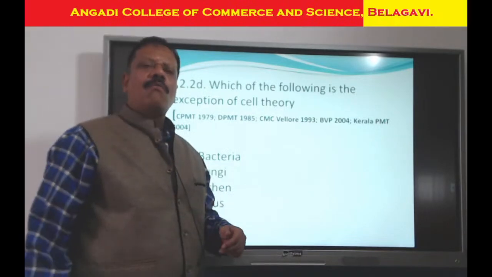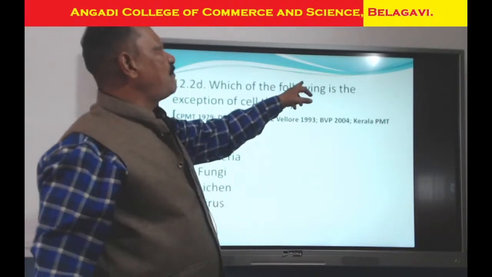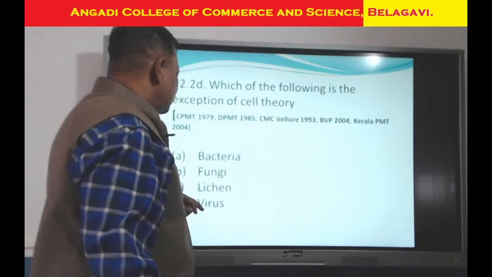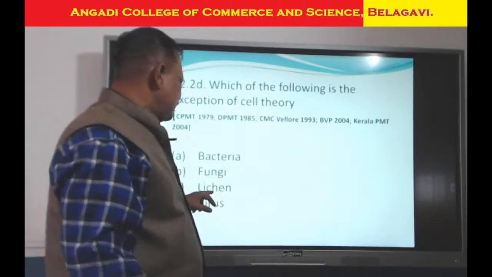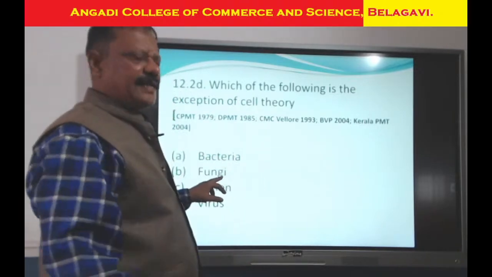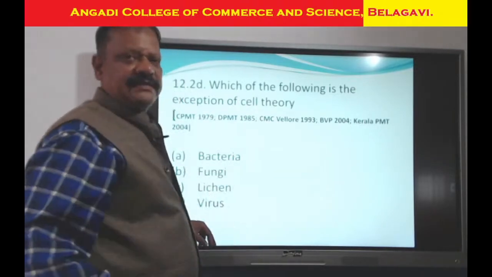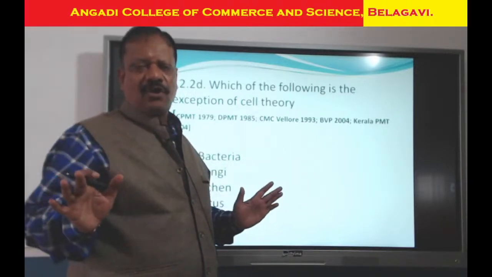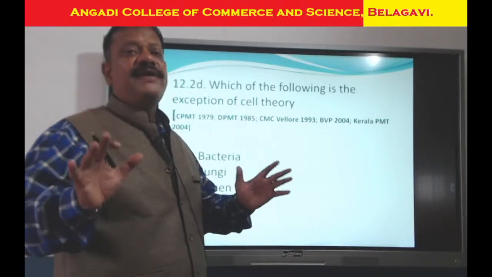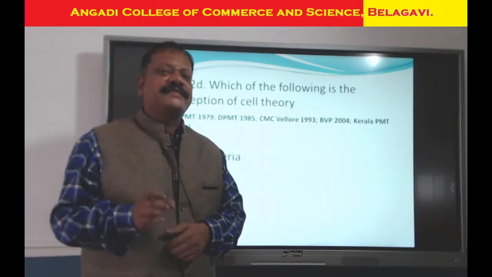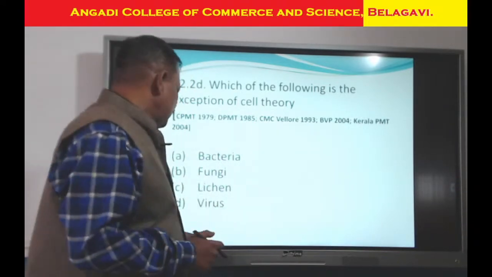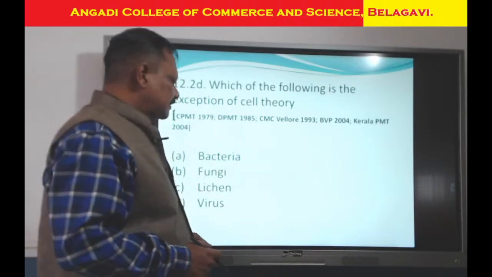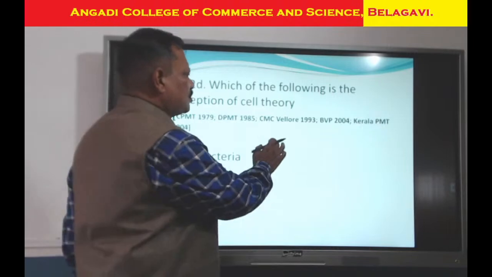Lichen contains cells, fungi contain cells, bacteria have cells, but virus is apart from all of these. Virus is called a living entity, but it is a chemical substance. So option D is the correct answer for this question, that is the virus. We'll move to the next.